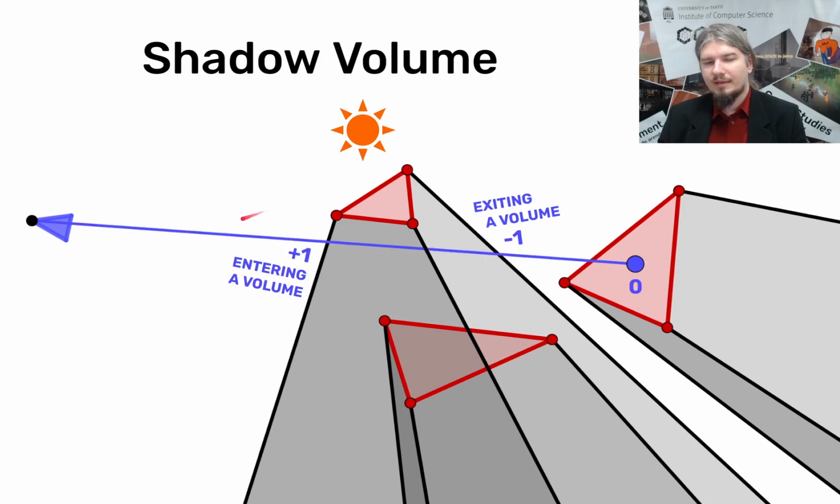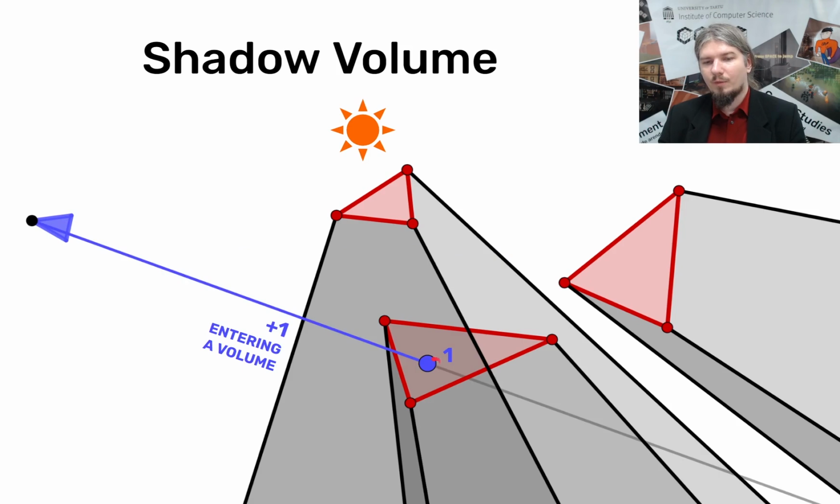When we are rendering our scene, we can look at the path that we take to render a fragment, and we can count the number of times we enter a shadow volume, and we can count the number of times we exit the shadow volume. And if we add 1 while we enter the shadow volume and subtract 1 when we exit the shadow volume, then we can see that the case where this sum is 0 is the case where we are not inside any of the volumes, thus we do not have a shadow here.